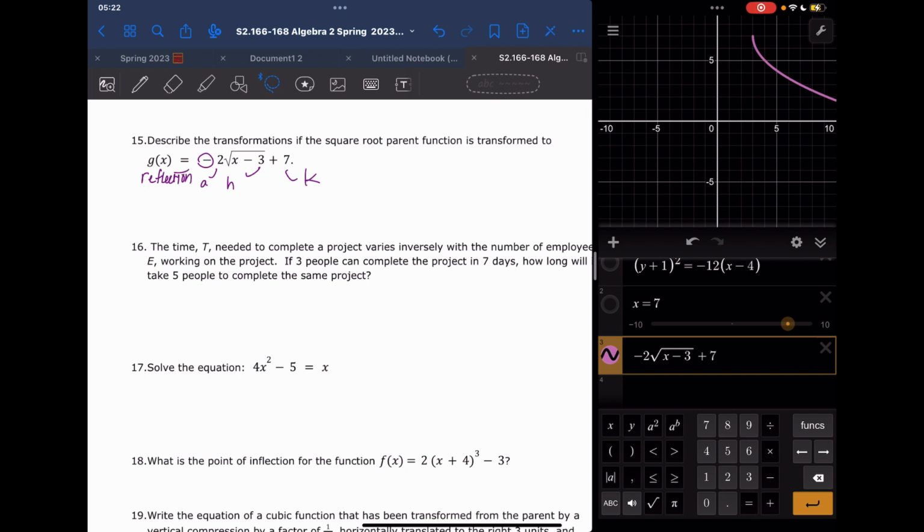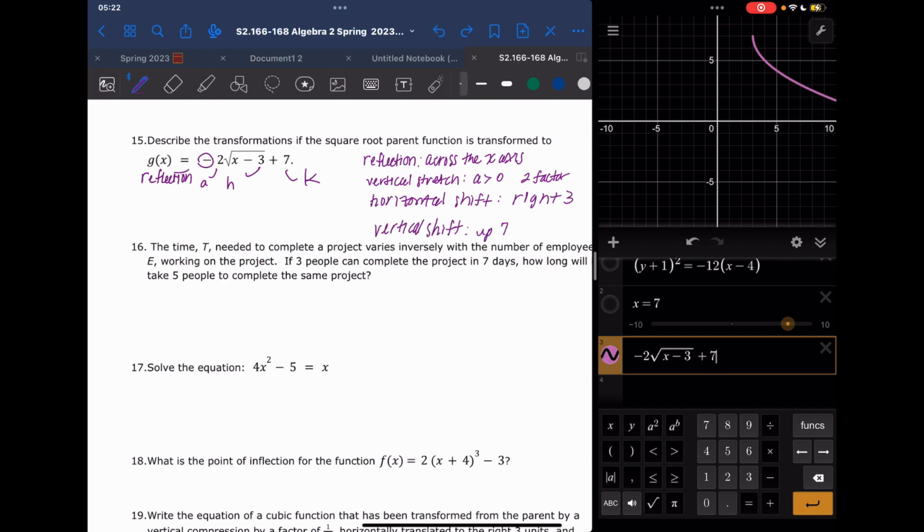Fractions are compressions. The h is going to be a shift right because it's negative, and then the k is going to be up 7. So it's a reflection across the x-axis because of the negative, a vertical stretch by a factor of 2, a horizontal shift right 3, and then a vertical shift up 7.